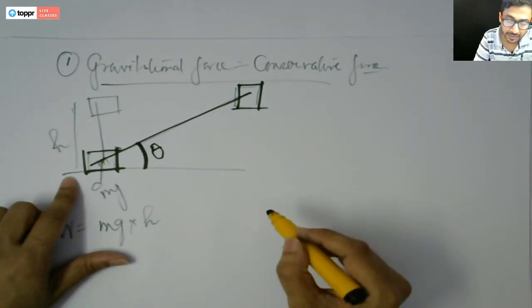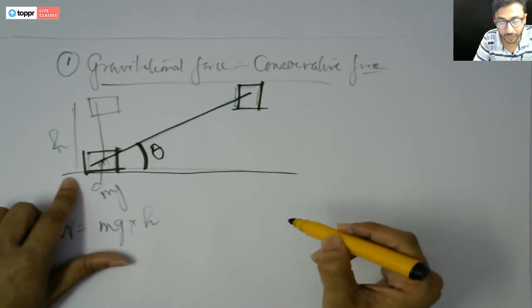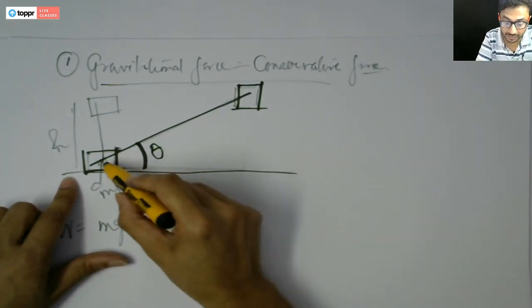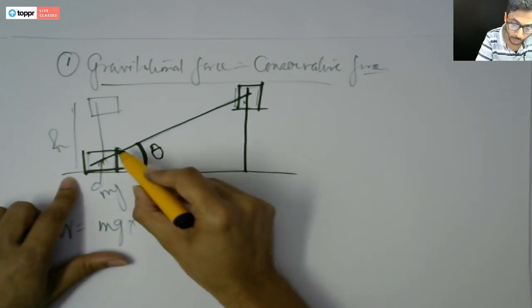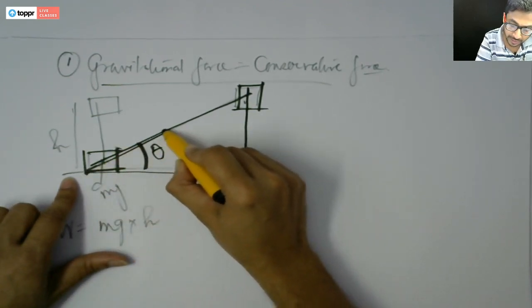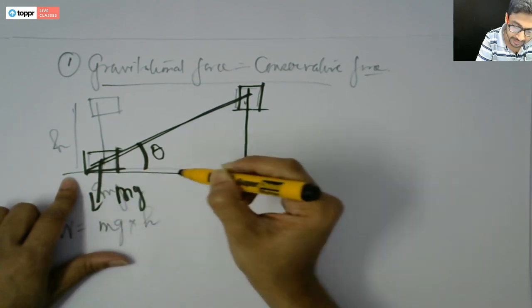Say this path is at an angle of theta with the horizontal. Now let us try to find this work done. Now when we take the body like this, the force is in this direction.